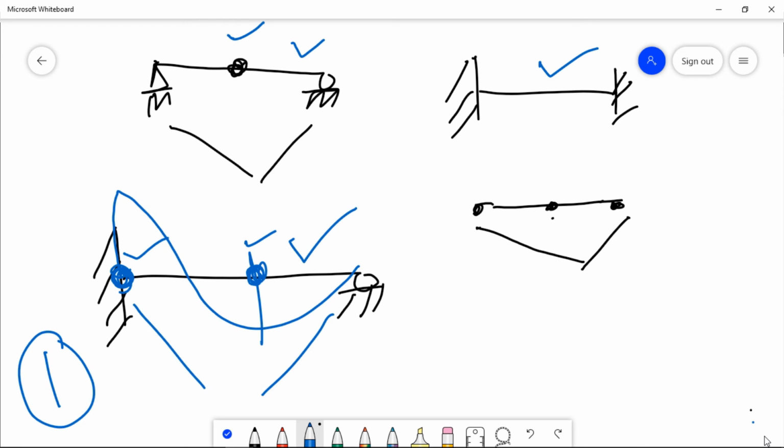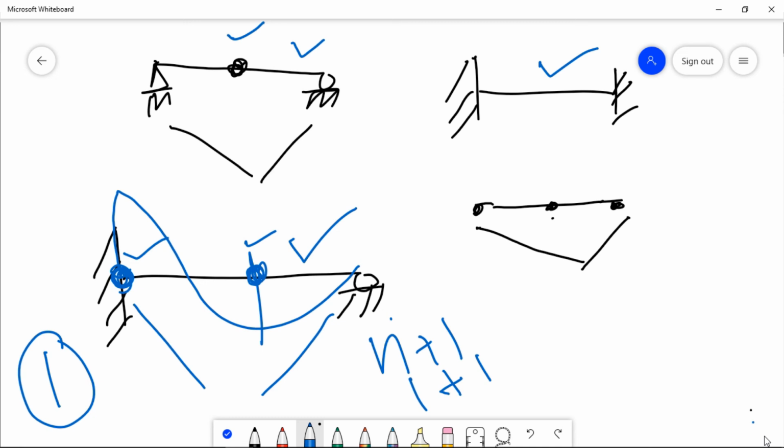So how many hinges are needed? That is the degree of indeterminacy plus 1, n plus 1. For the failure of this beam, the degree of indeterminacy is 1 plus 1, which means 2 hinges are needed for the failure.